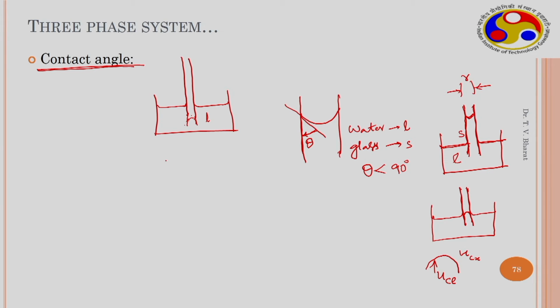In case you take mercury, if I magnify this, this is the capillary and this is the air-water interface. So here the contact angle would be this. With mercury as liquid and a glass tube as the solid surface, theta would be more than 90 degrees.